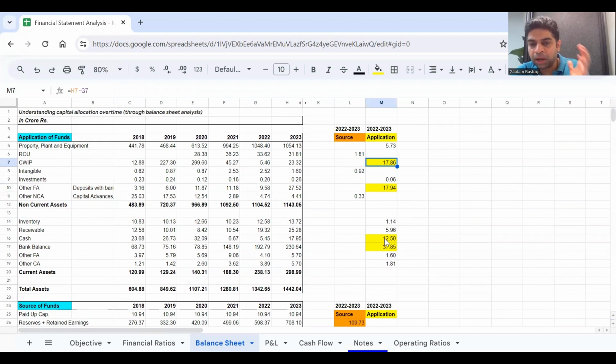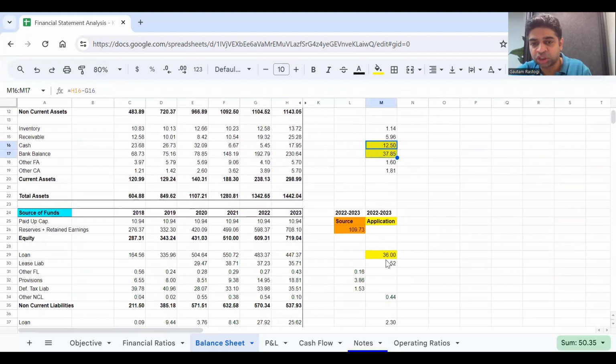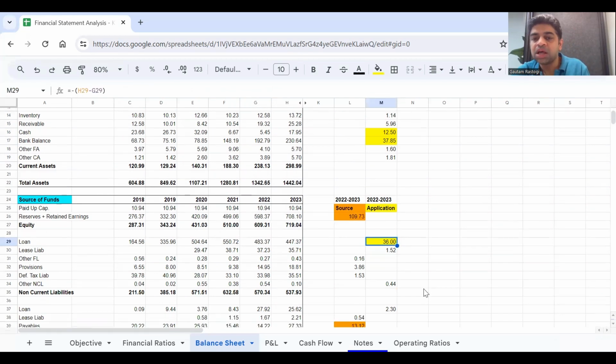Okay. A bulk of it is also landing in the bank, okay, as cash on which they are earning interest. Okay. And then a significant portion of it is being used to pay down debt. So that's why you see the long-term debt has reduced by 36 CR from 483 to 447. Okay. All right.